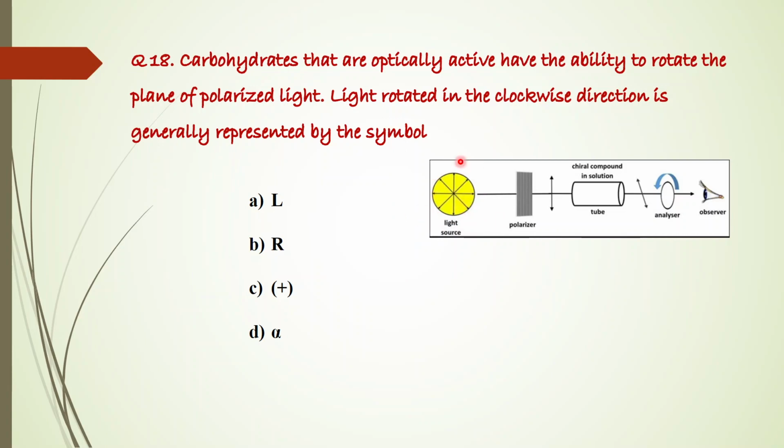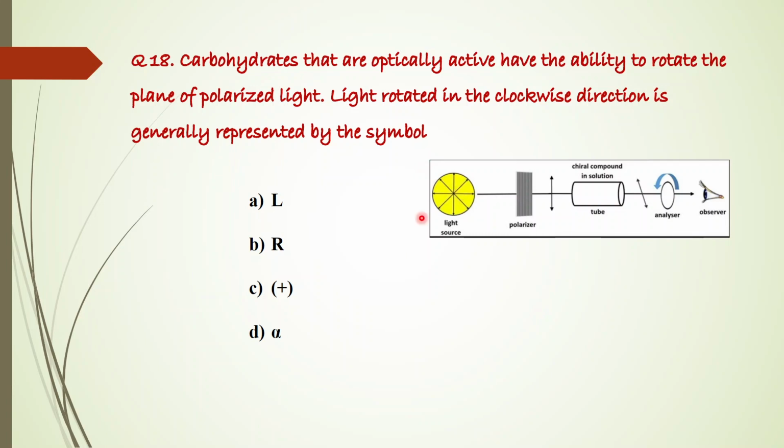Originally, if you use any normal light source, the waves are vibrating in different directions. They are not all in the same plane. So that is not plane polarized light. You can see from the arrows that it is in all directions. You do not have control here.